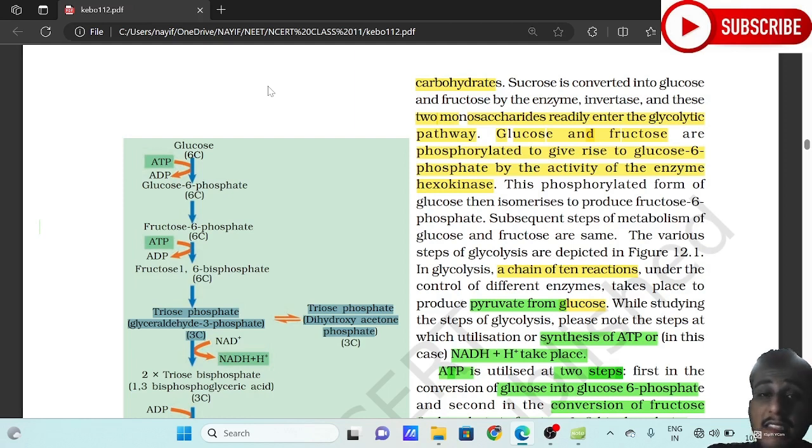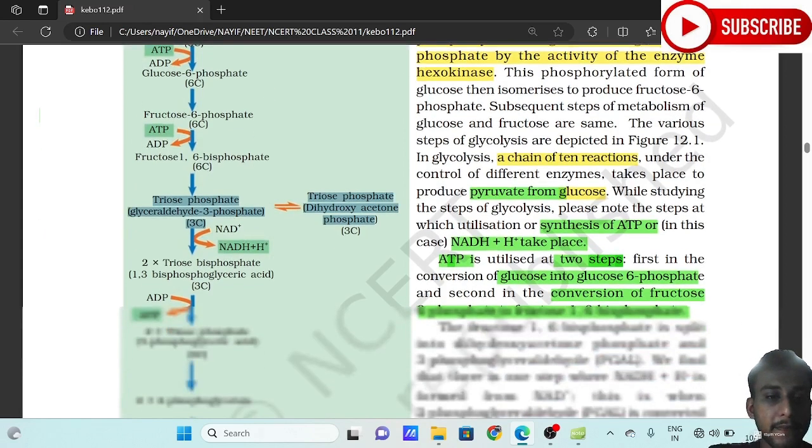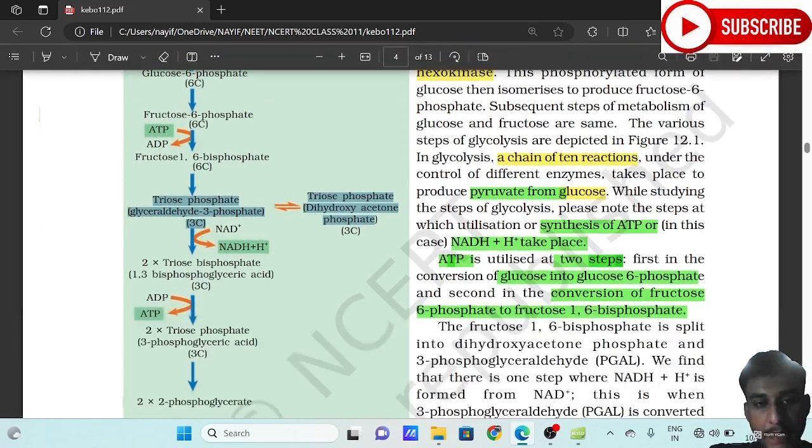Glucose was a 6-carbon molecule, but the 6-carbon glucose got split into 3-carbon molecules in this step, right? If you remember, in this step it got split with the help of an aldolase enzyme.